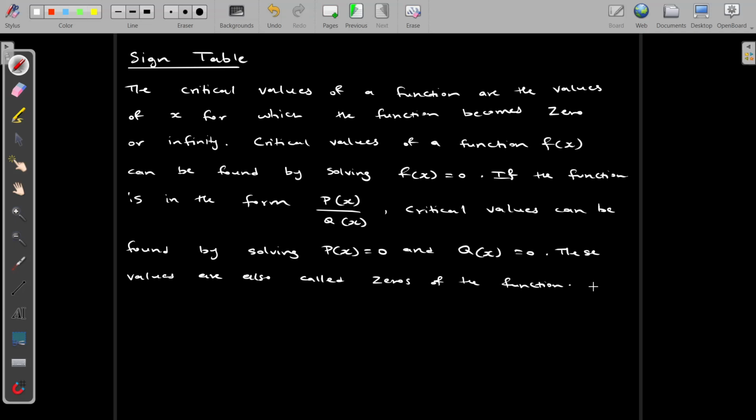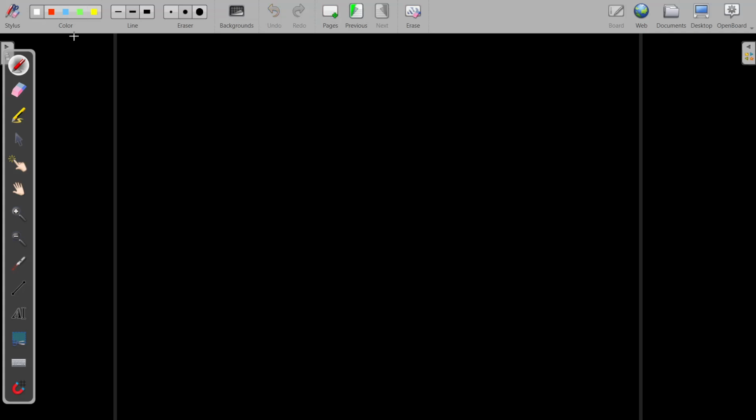Alright, so find the critical value, or what the question will say is find the set of values of f of x is equal to 2x plus 1 over x minus 1.